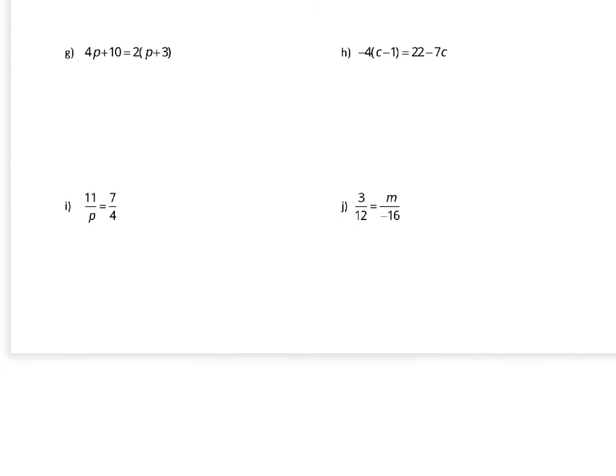Is that a true statement? Well, think about the percentages. 3/12 is 1/4 or 25%, and 4 over 16 is also 1/4 or 25%. So indeed, negative 4 is our correct answer.